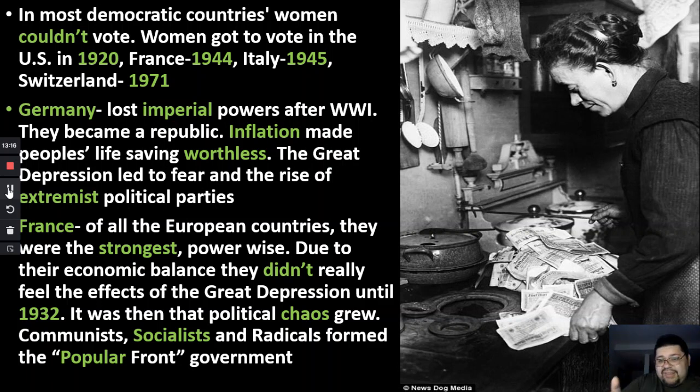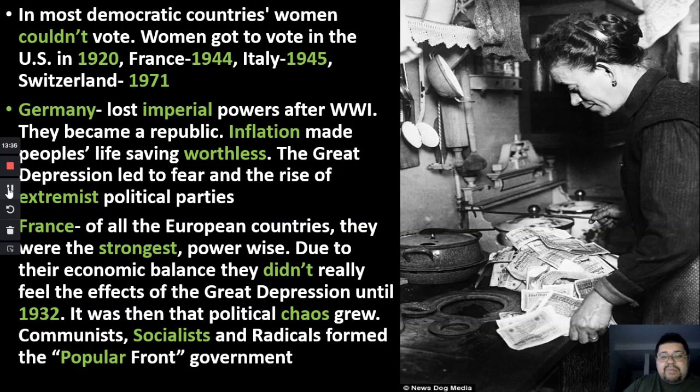So you see this lady right here. Those are bills, $100,000 bills, and she's going to burn them. Why? Because that money is worthless. You might as well get trash from the streets because that was worth more than that dollar bill.